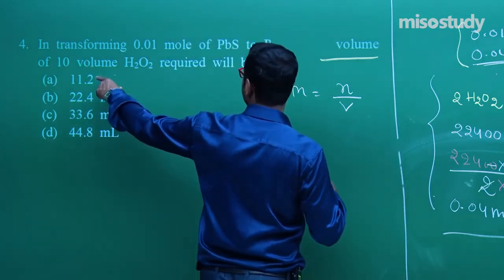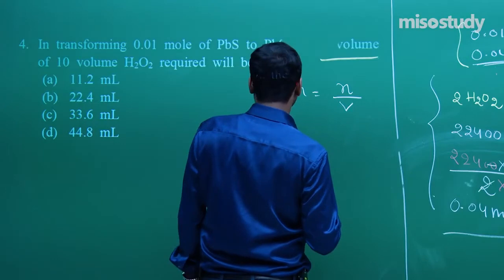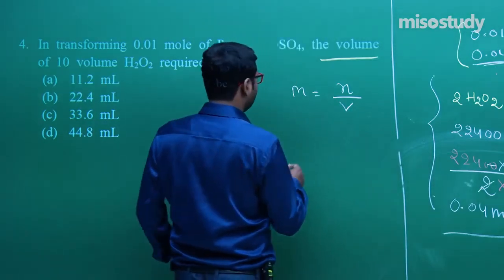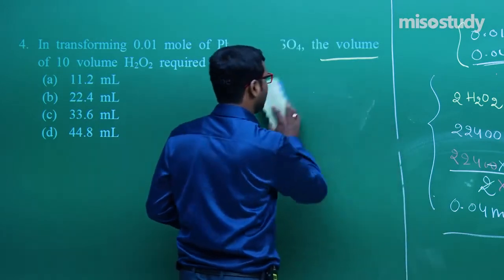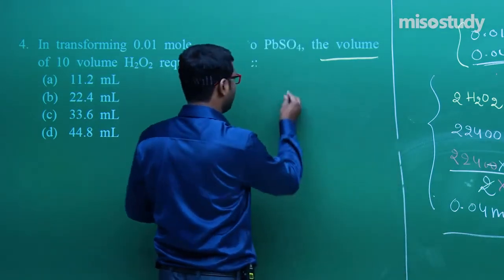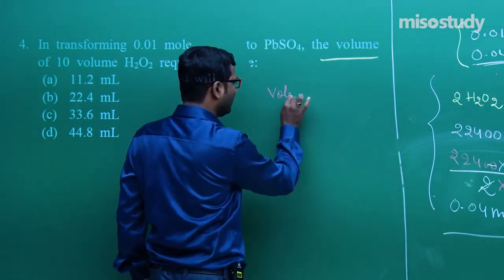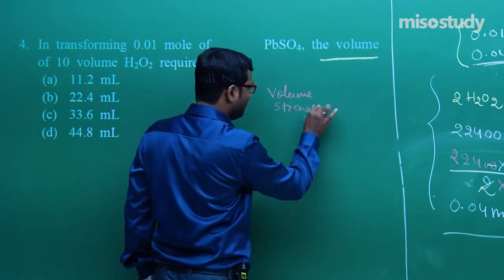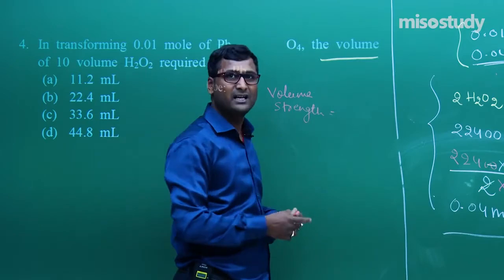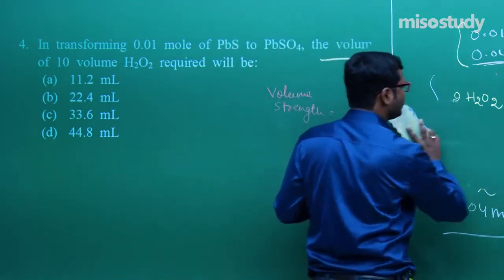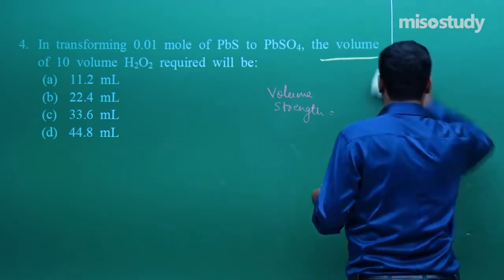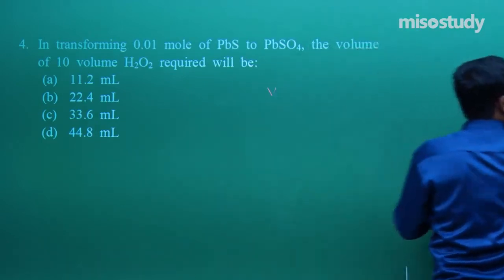Here volume strength is 10. So by using the molarity we can also write the formula. If it is hectic for you, then I am rubbing this part and we'll discuss the next method. Wait for a moment, listen carefully.